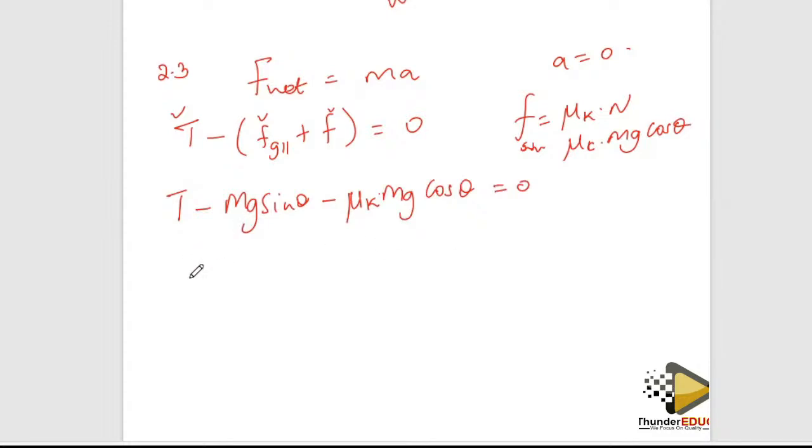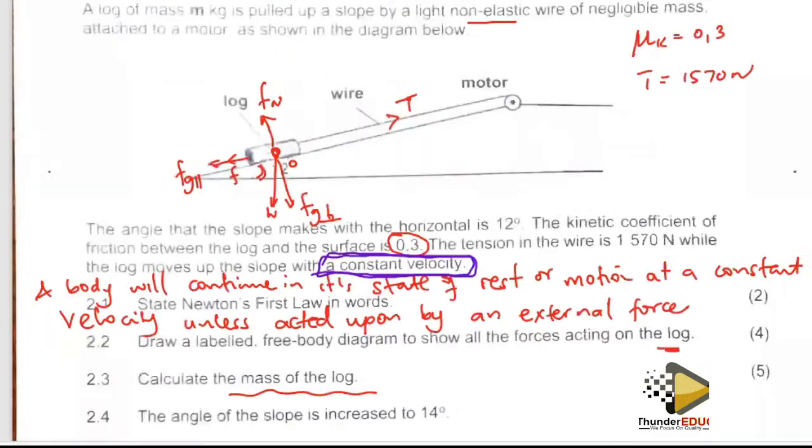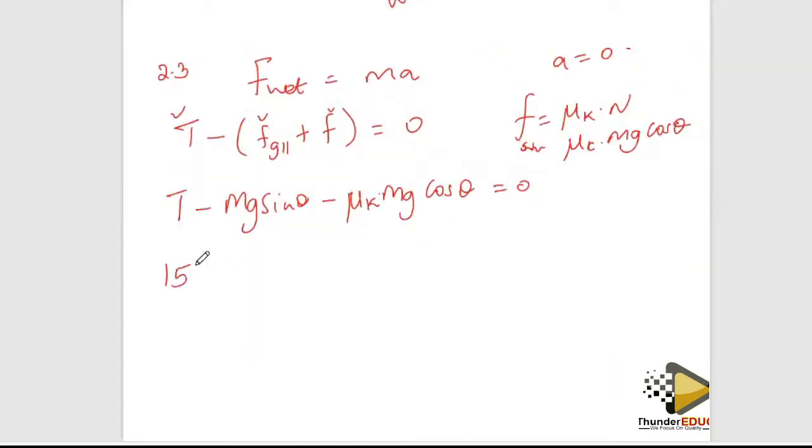Let's do the substitution. Remember, we said our tension was 1570. Okay, 1570 minus the mass, which we don't know, times the acceleration, which is 9.8, times the sine of 12. I'll put m somewhere there.